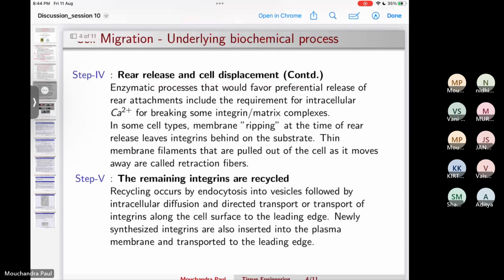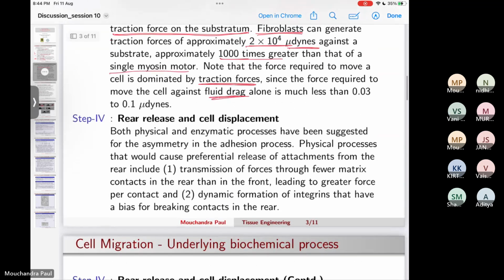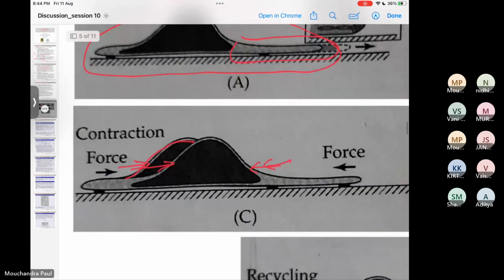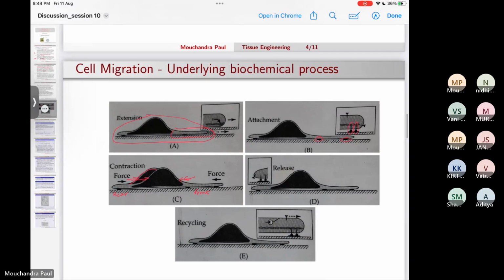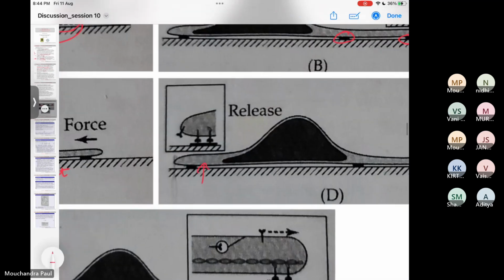Now after contraction, what will happen? There will be release of the rear and cell displacement. If this part of the cell is the rear and this is the front part, then in the fourth step this rear is going to release, and the cell has moved this much distance, going forward.